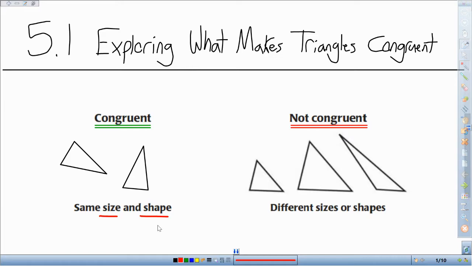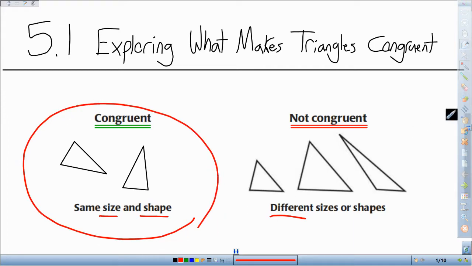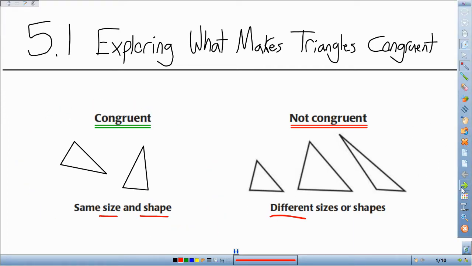It gets more technical than that, but that's the basic overview idea. Same size, same shape. And over here, not congruent is triangles that are different sizes and different shapes. That's a simplified way of thinking about it, but it's a good starting point. So it's all about congruent triangles today.